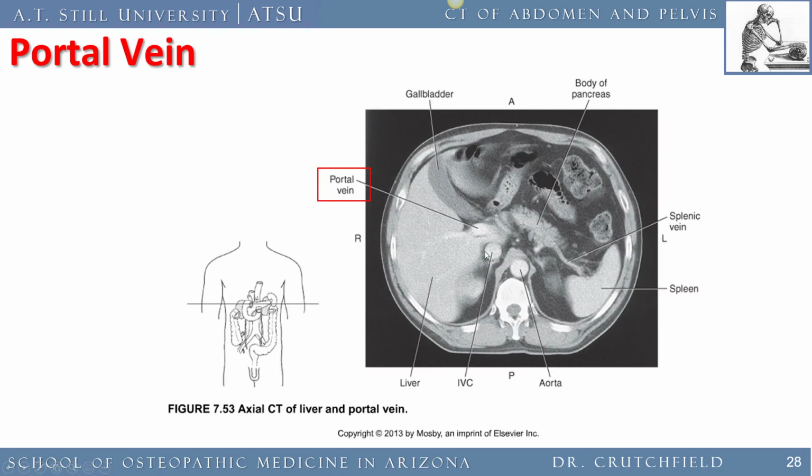Vena cava, portal vein, and gallbladder, spleen, splenic vein, aorta, body of pancreas, colon, this is small intestine here, aorta, cava, portal vein, separated by a little parenchyma here of the caudate lobe of the liver.